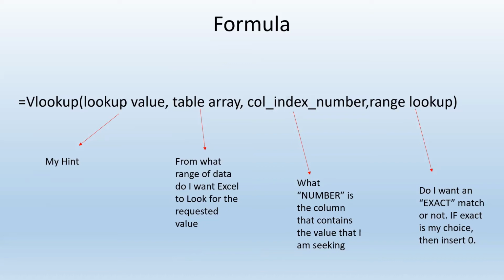So column is vertical, so I'm specifying the number, please focus on number, the number of the column in the table or the data array that I want Excel to focus on. And finally, the range lookup is if I want Excel to exactly match my hint or kind of estimate it. If I want Excel to exactly match it, I need to set the value here as 0.